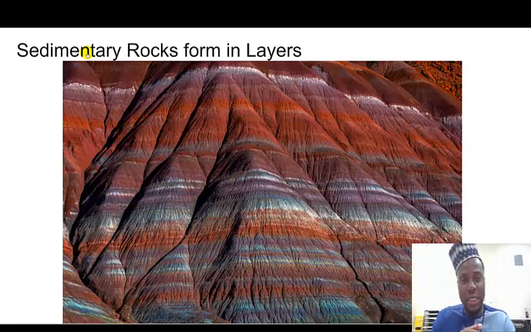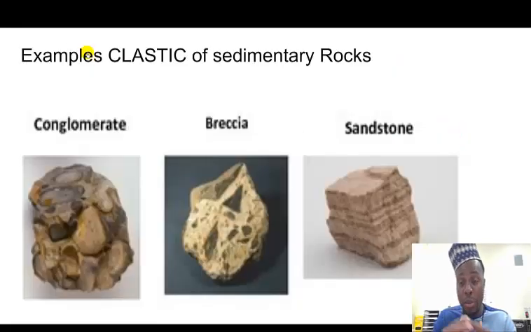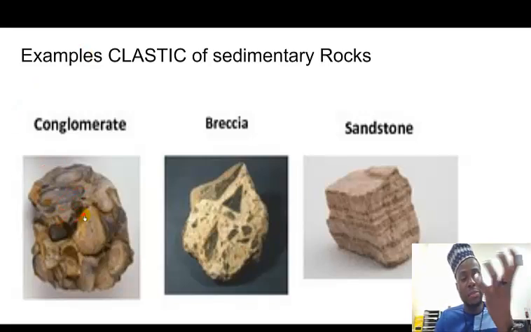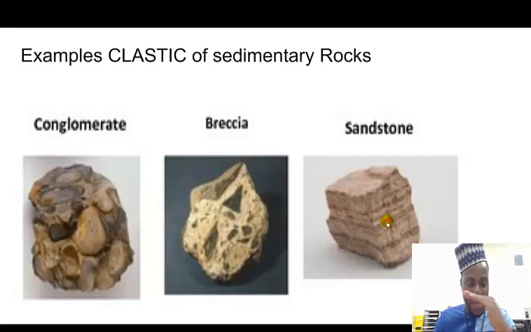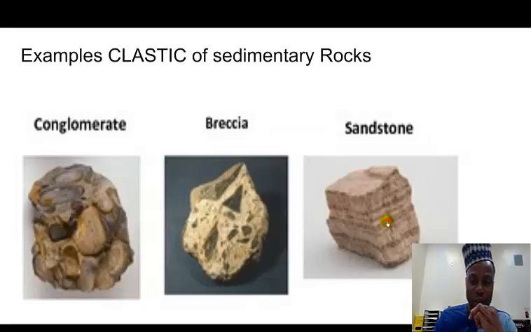So these are clastic sedimentary rock or land-derived sedimentary rock. Common examples of this rock include conglomerates, breccia, and sandstone. Often their characteristic is that they are formed by different sediments having different grain size, all cemented and compacted together. The breccia, the same thing, and then you have sandstone being formed in nice neat layers as well.